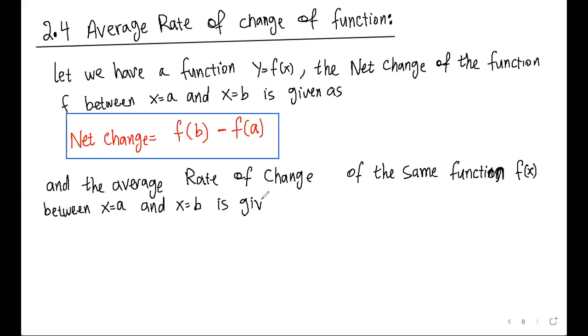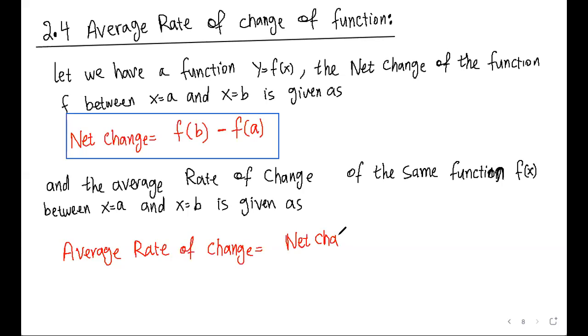It is given as, here the net change, the average rate of change equal the net change over b minus a, or in other words, it is f of b minus f of a over b minus a, because the net change formula is f of b minus f of a. Is it clear, the formula?